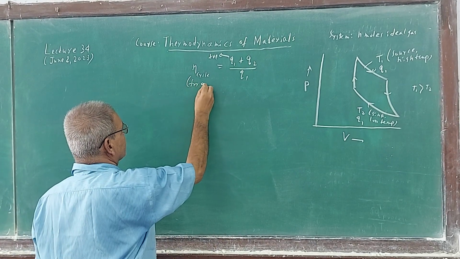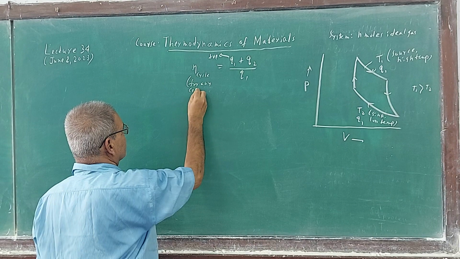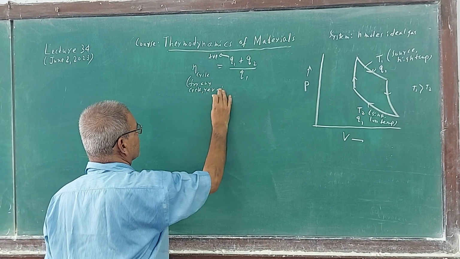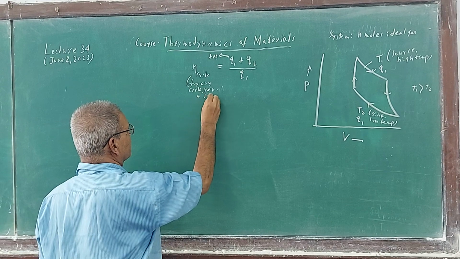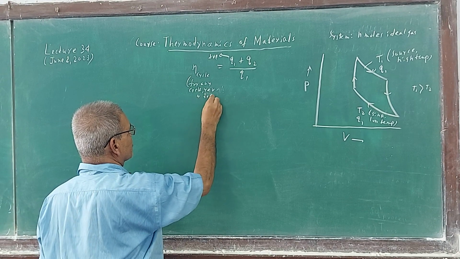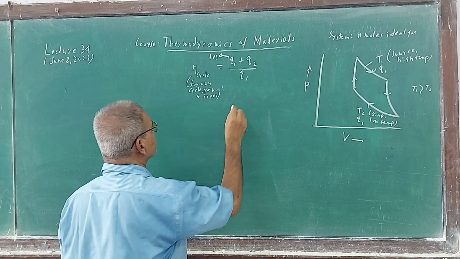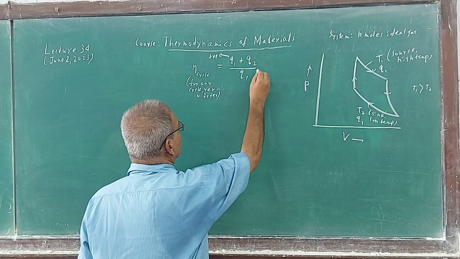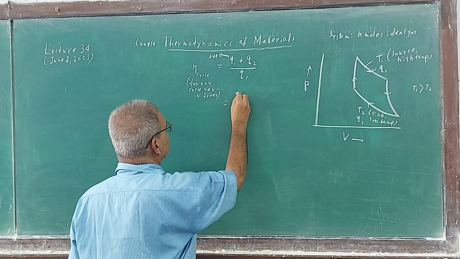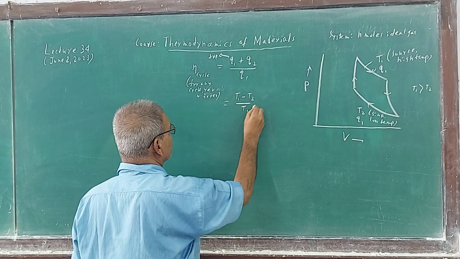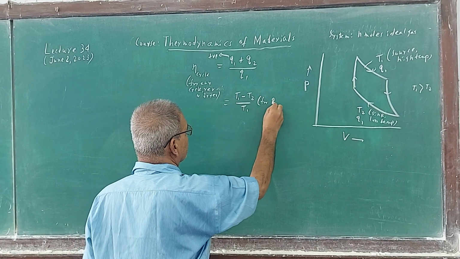For any cycle, reversible or irreversible. And this is T1 minus T2 by T1 for a reversible cycle.